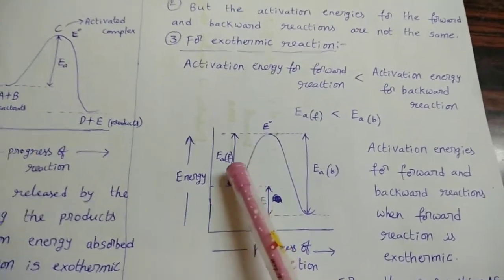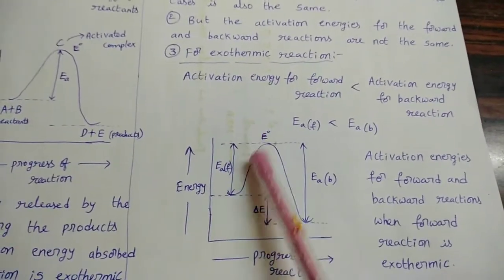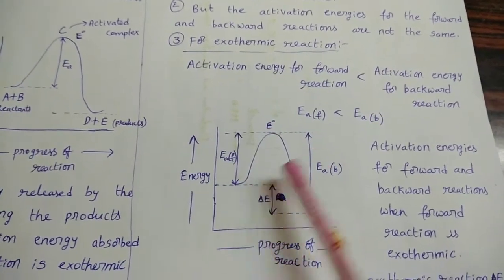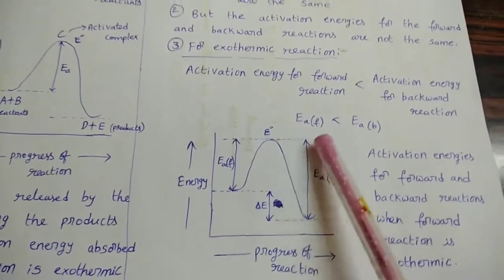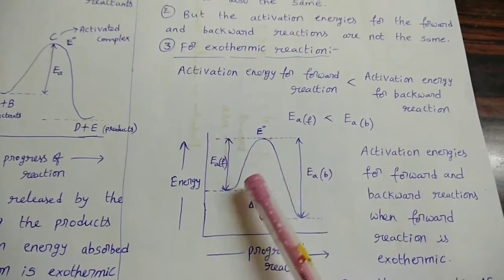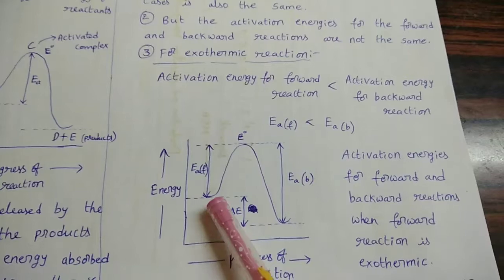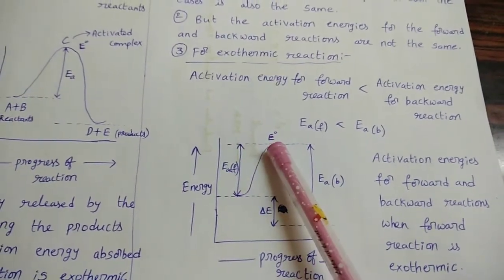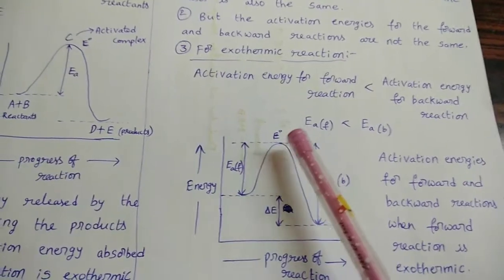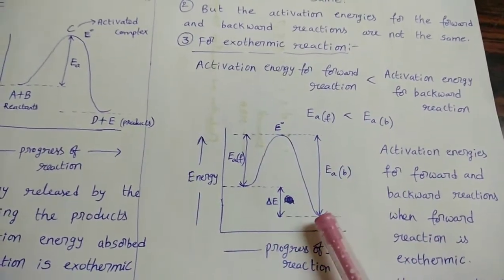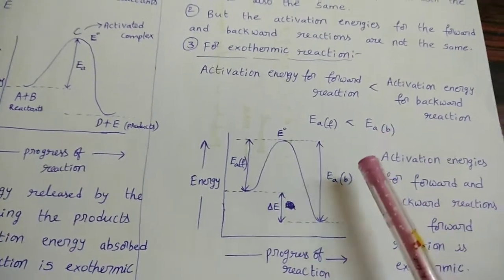Now say this one. Activation energy for forward reaction is less. For backward reaction, activation energy is more. So that means reacting molecules by absorbing activation energy reach the threshold energy level. In that state, they form activated complex. That activated complex is converted to products by losing energy.